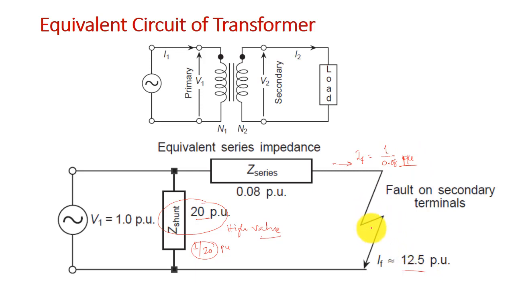So approximately the fault current is 1 by Z series, equal to 1 by 0.08 per unit, approximately 12.5 per unit, as we are neglecting the current flowing through the shunt branches because the value of the shunt impedance is very high.